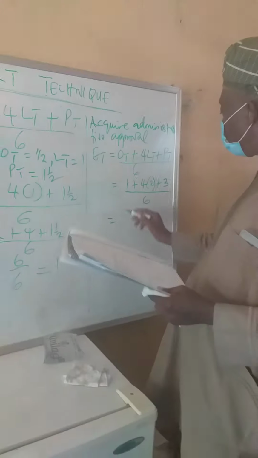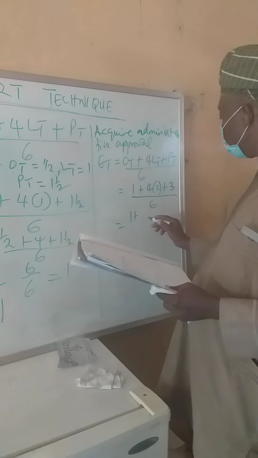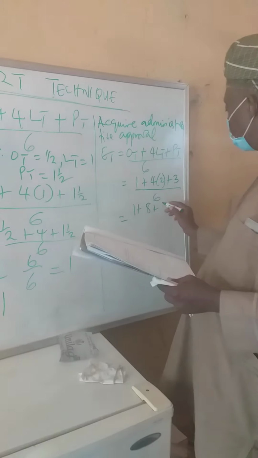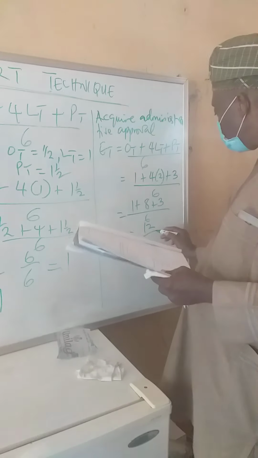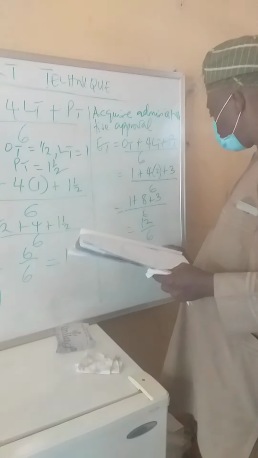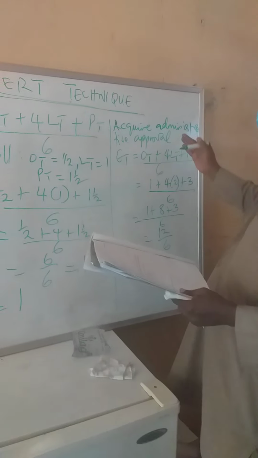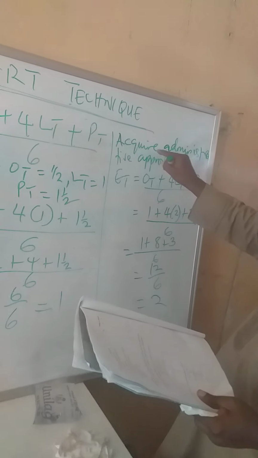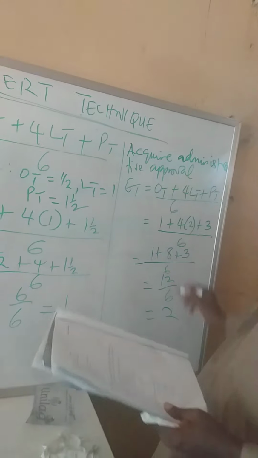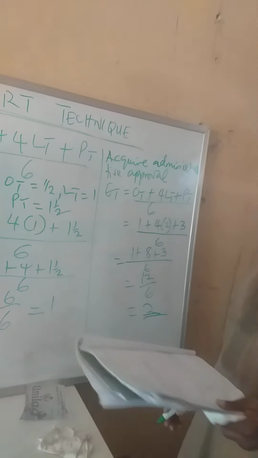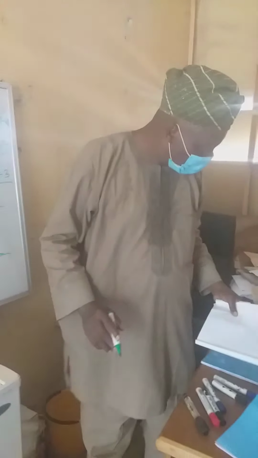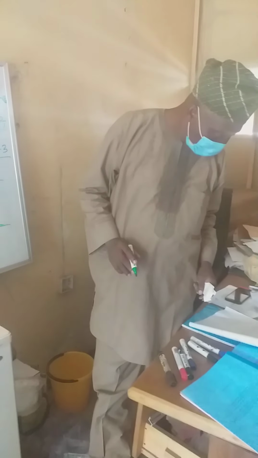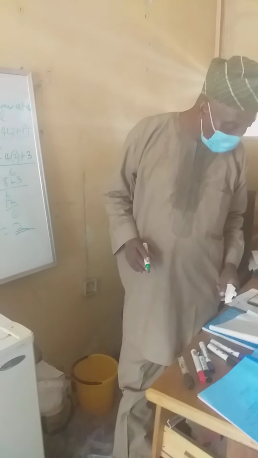This gives 1 plus 8 plus 3 all over 6, which gives 12 over 6, and this gives 2. So the time required to acquire administrative approval is 2 months. That's that for acquire administrative approval. The next one is recruit staff.